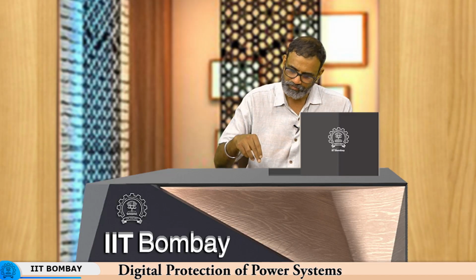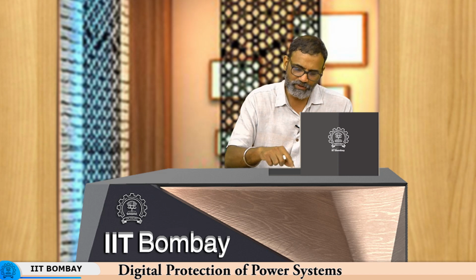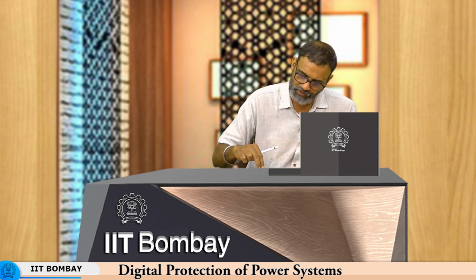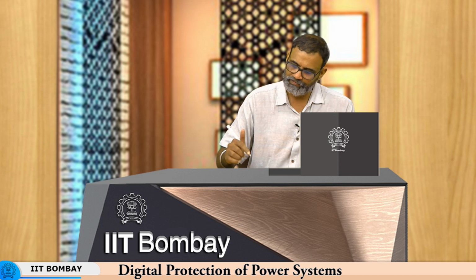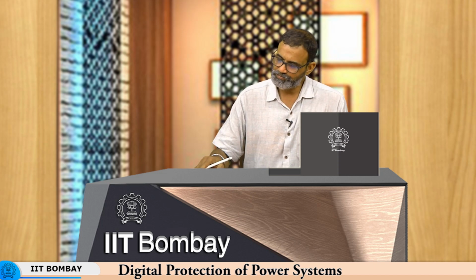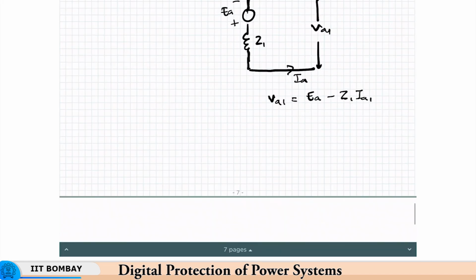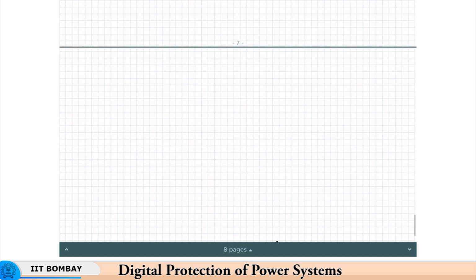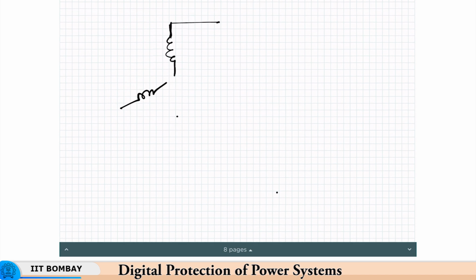Also, if the machine is grounded through Zn, as we saw, then that also has to be considered. We'll quickly see how that looks. We saw this is the positive sequence. For negative sequence, since there are no negative sequence generated MMFs, there are no negative sequence generated EMFs, the machine will look simply like this. In the positive sequence, you had a positive sequence EMF in each phase.